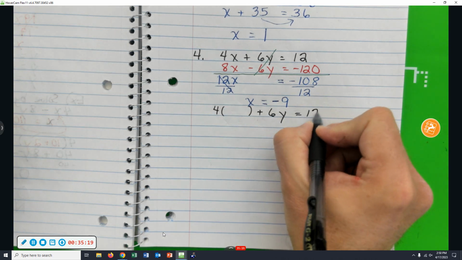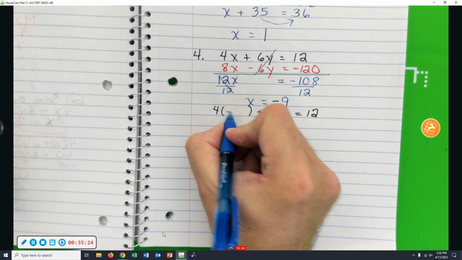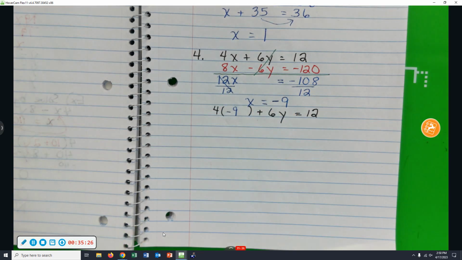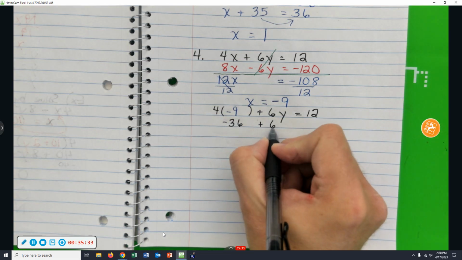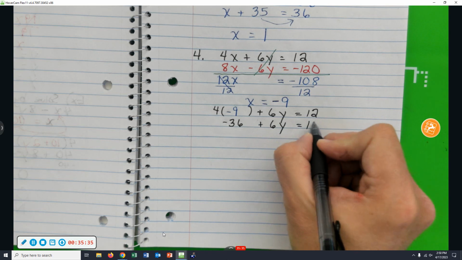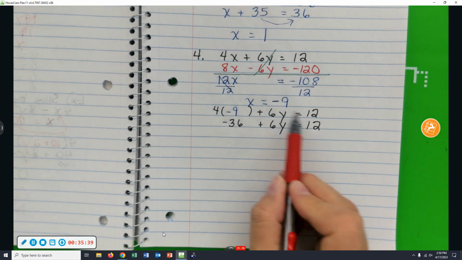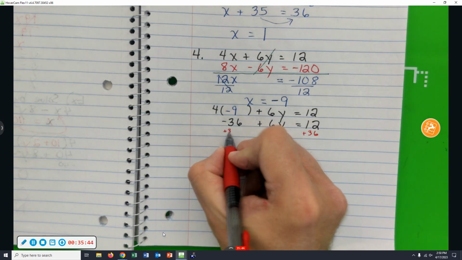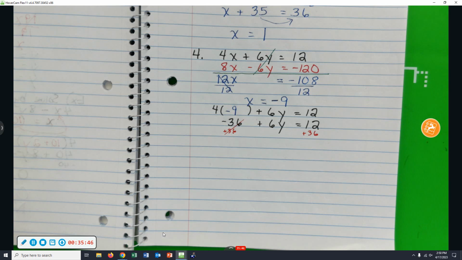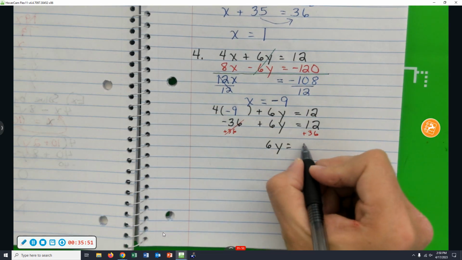So I'm now going to solve for y. We have 4 times negative 9, negative 36, plus 6y equals 12. Add 36 to both sides. And we have 6y equals, is that a 48?